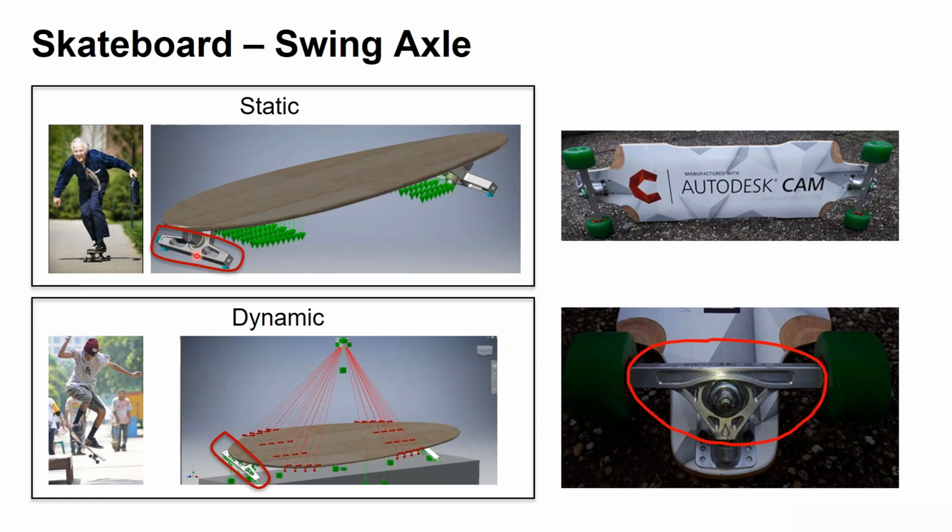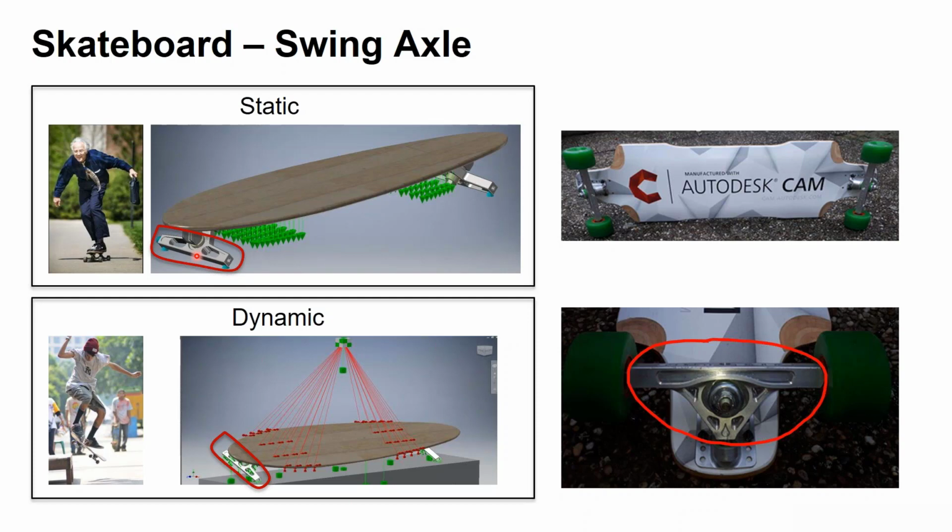And we will see the benefit of having a CAM software inside the CAD system, because everything is in the same software. And by that I mean that if we modify the design of this swing axle, we can just apply the change also into the CAM calculations.